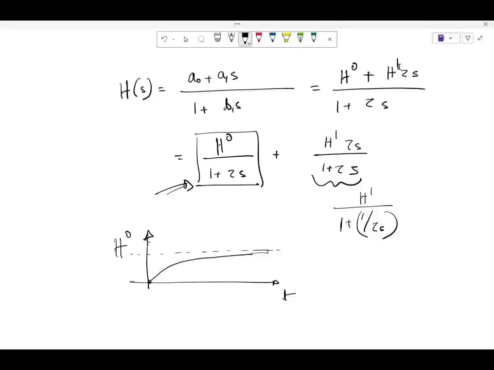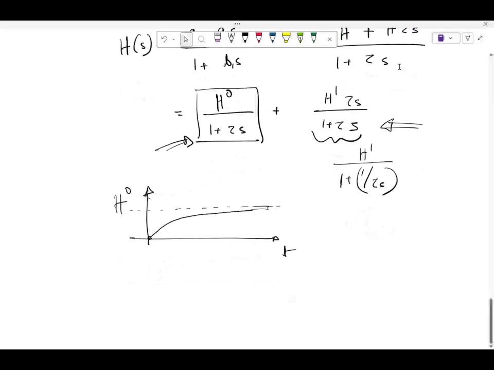What about this guy? It will be only decay, right? Somebody said only decay.